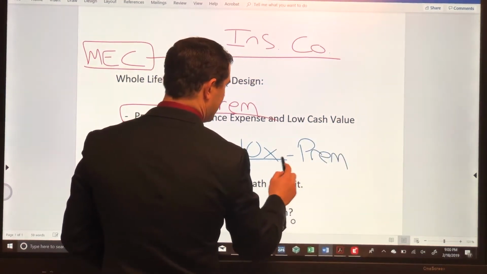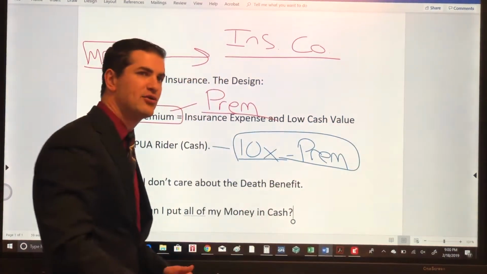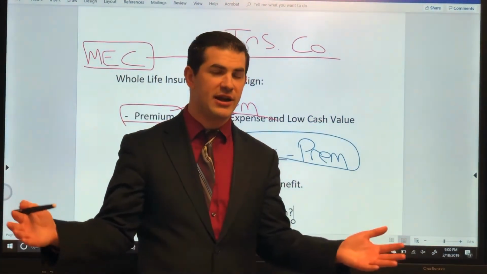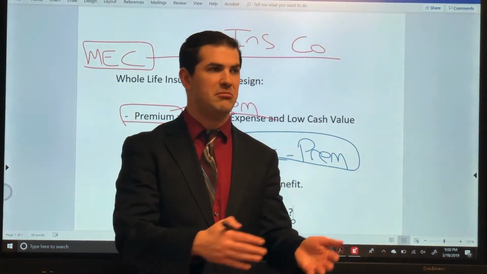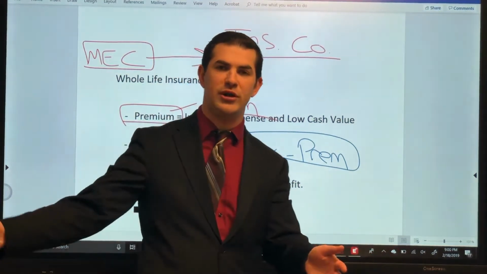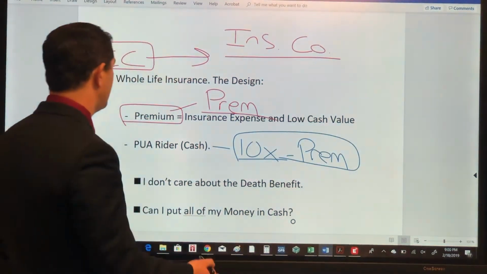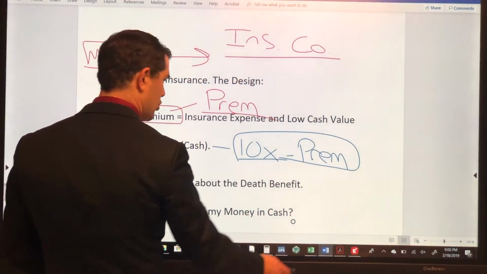What that means is if I have a $10,000 underlying base premium insurance expense, the company will allow me to pay in up to $100,000 per year at my leisure. Might not hit it, but I've got the option to. So that is the insurance company's rule there.